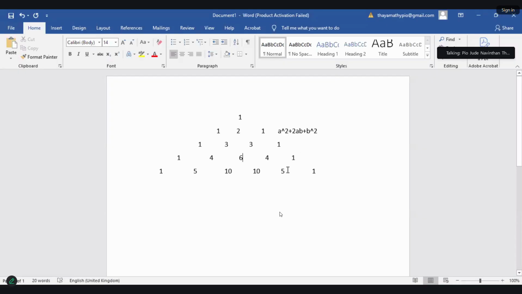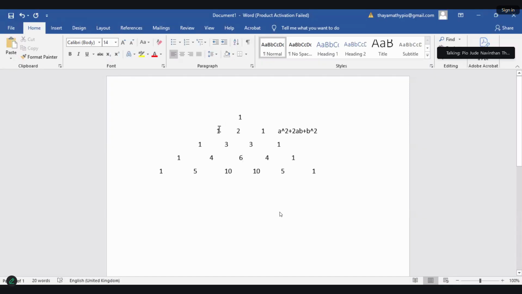Again, 4 plus 1 is 5 and 1. The next one you can write it 1. 5 plus 1 is 6. 10 plus 5 is 15. 10 plus 10 is 20. 10 plus 5 is 15. 5 plus 1 is 6 and 1. So you can go further.